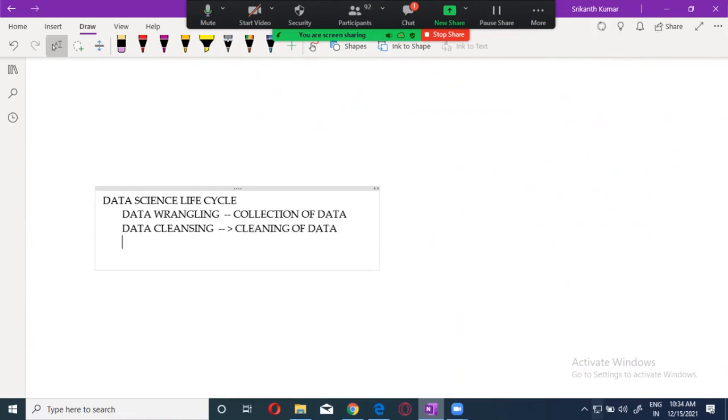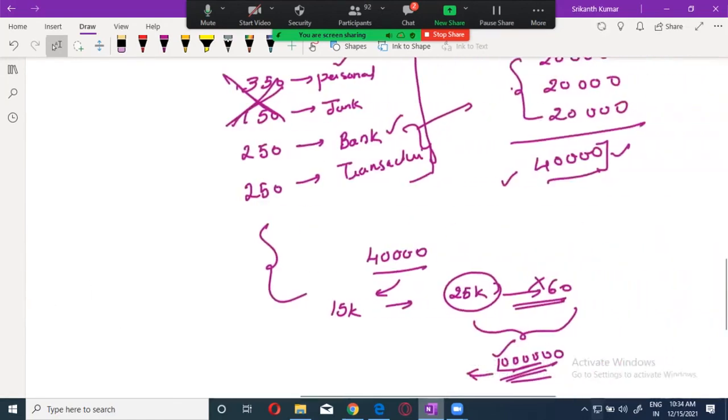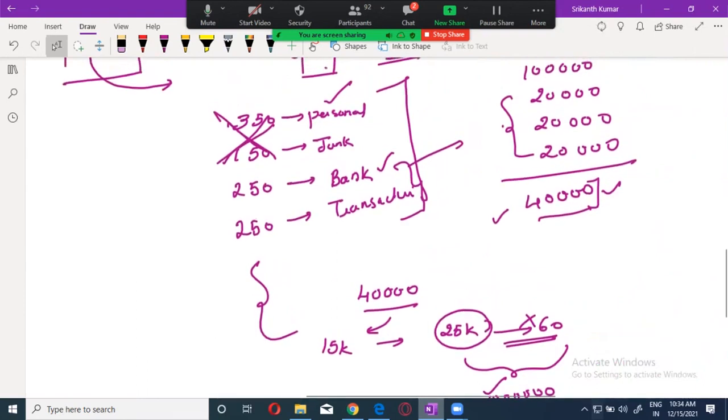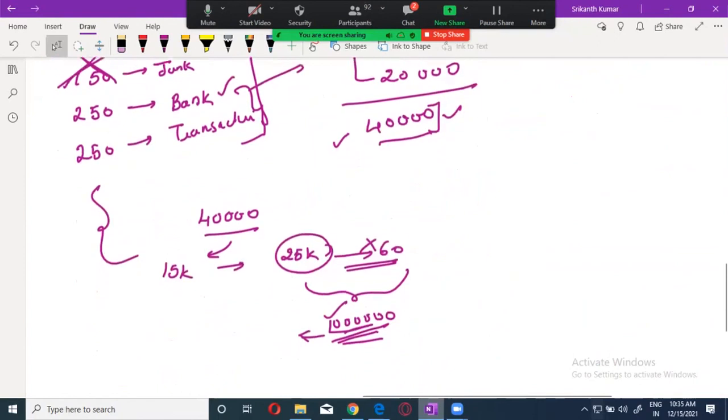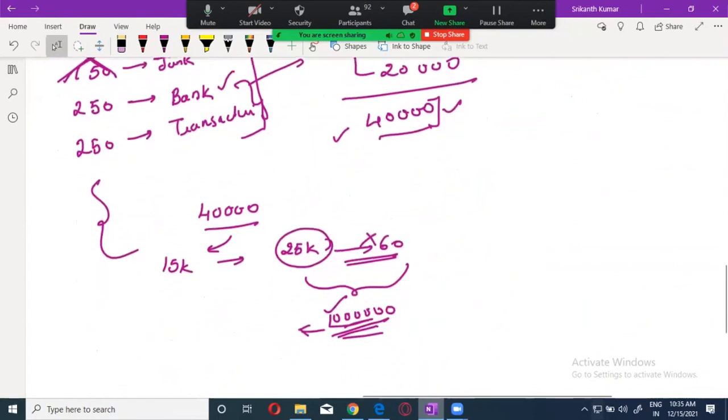Okay, now there is something called data mining. Mining is understanding the relationship between the data. Now you see this here, you got all the bank information. After the bank information, it grabbed all this and it is saying that you have 40,000 savings, and out of that, 25K you can pay as EMI.